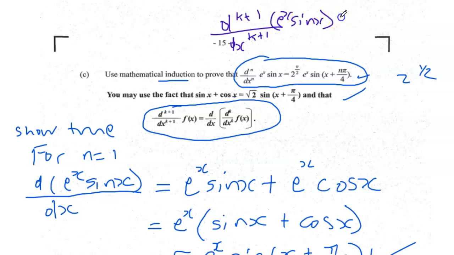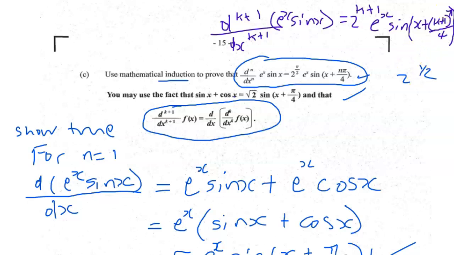They're saying what we should get is 2 to the k plus 1 over 2 e to the x sine, in bracket, x plus, replacing n with k plus 1, this would be pi times k plus 1, or k plus 1 pi, over 4.